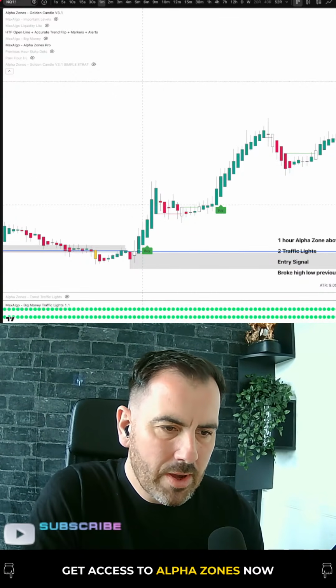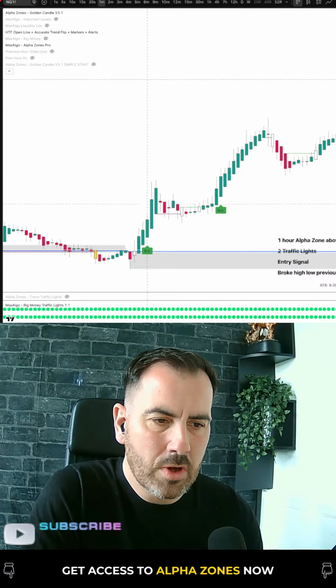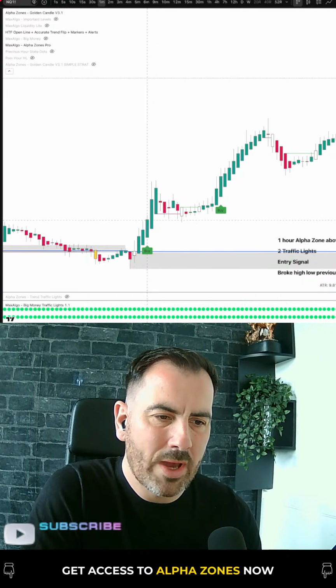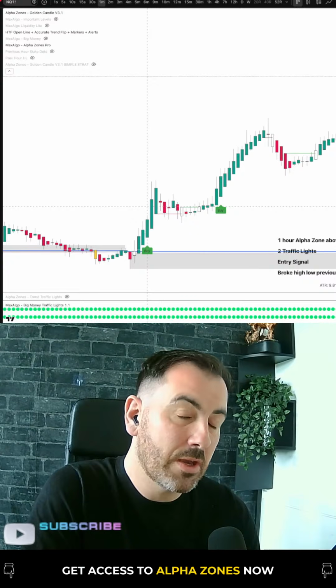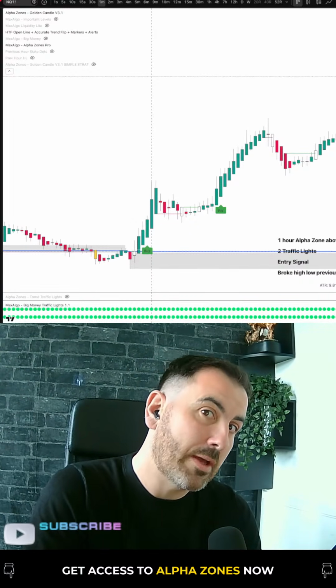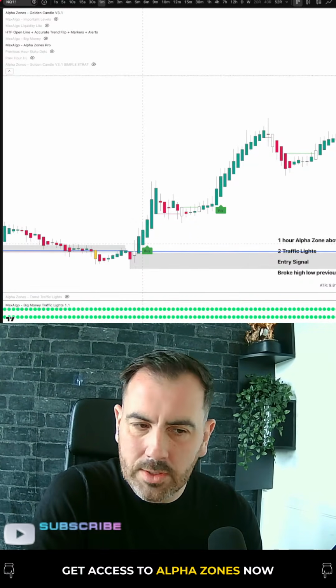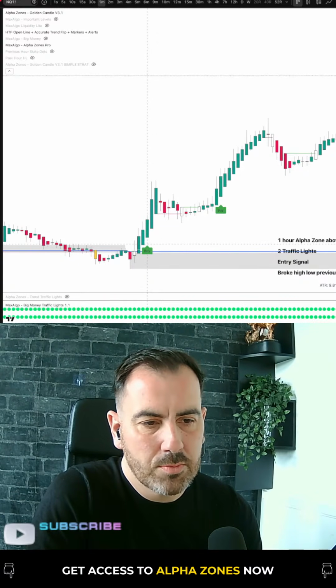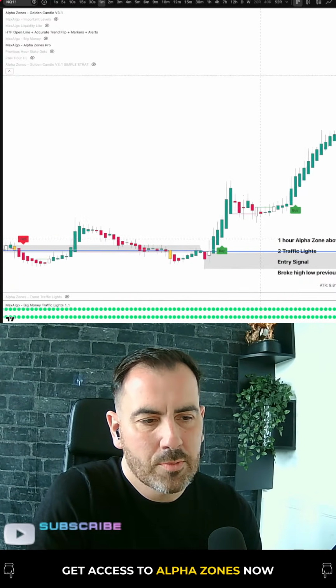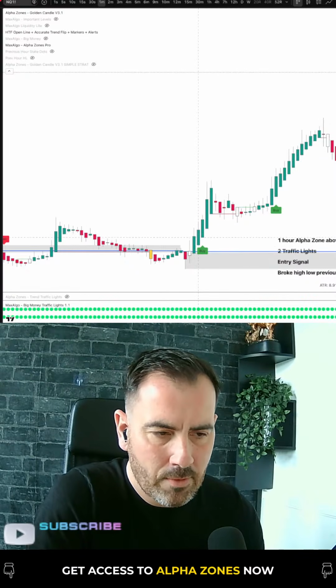So I don't enter straight away, I wait for price to push through, and the order will wait until price comes from this side to this side. The opposite of a limit order, where price is going to come down, tap it and then go. So it's going to go from one side to the other, and that's to give support to our theory that price will go in this direction. So we get volume pushing it through.